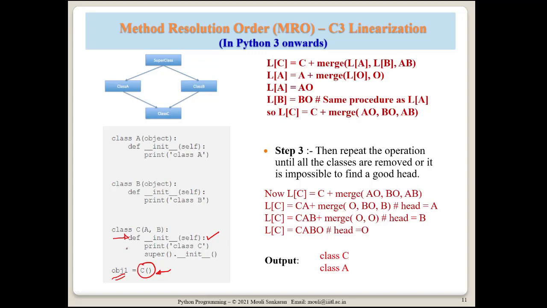Okay. It is going to print class C. Okay, done. Then it is going to say super init. Now, because MRO says CABO, its super is this. Okay, super init is A, it's not B.